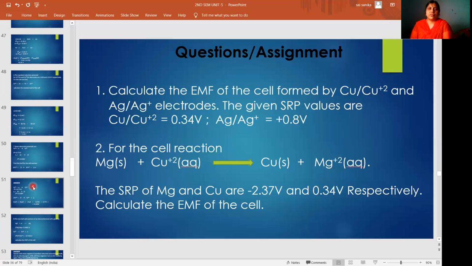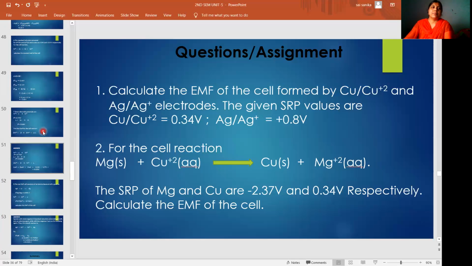So a compulsory problem you will get from this unit, either for 1 mark or for 3 marks. Okay, so with this we finished problems on EMF.